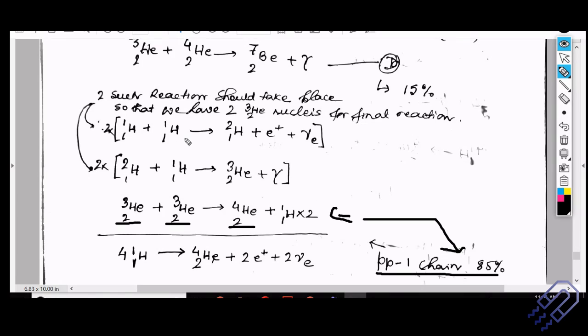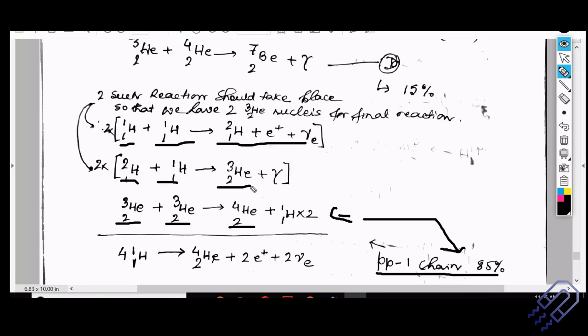So two separate reactions will happen. You will get 2H1, and then this reaction will again happen to give you 3He2. Then another reaction happens somewhere, and you get another 3He2. So two such reactions should happen.